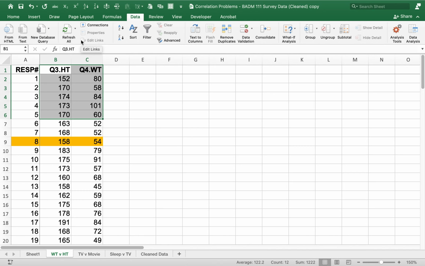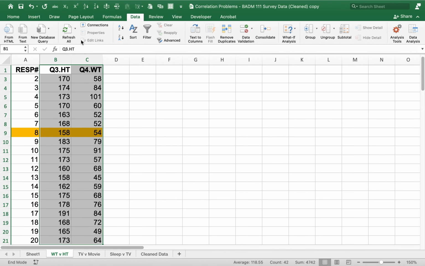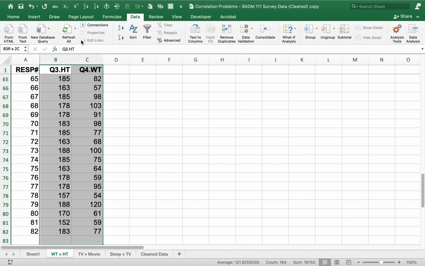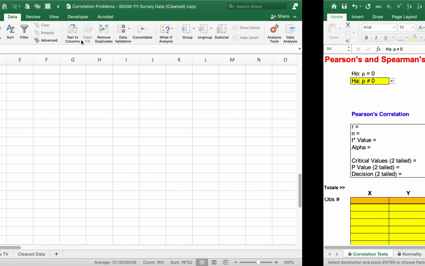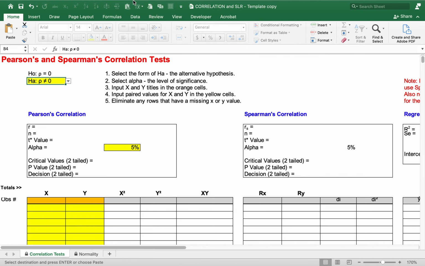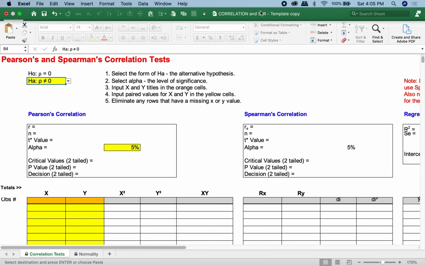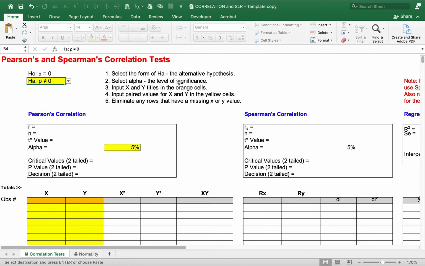So what we're going to do now is highlight the height and the weight and go all the way down to the very bottom here. I'm going to copy those, and then I'm going to open up a file called the Correlation and SLR template, and you can find that in the supplementary files folder. This is pretty simple to use.